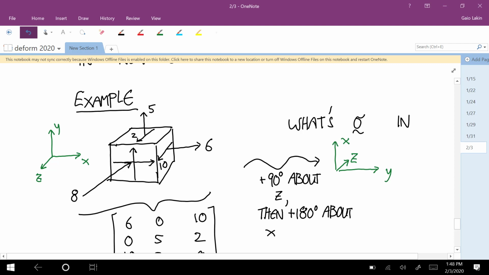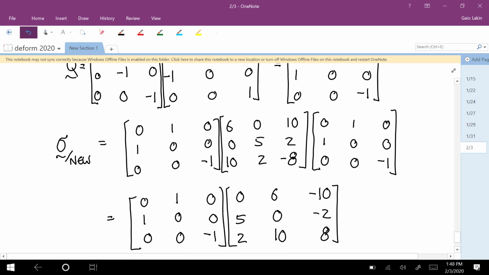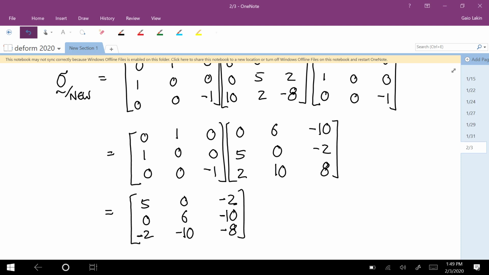And the traction on our x face would be 5 in the positive x, 0 in the y, and negative 2 in the z. So it should be 5, 0, negative 2. Oh my God, it worked.